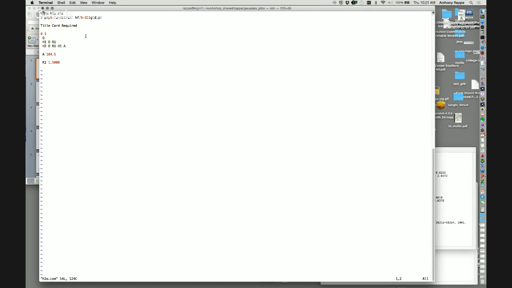So what we're going to do is run Gaussian.